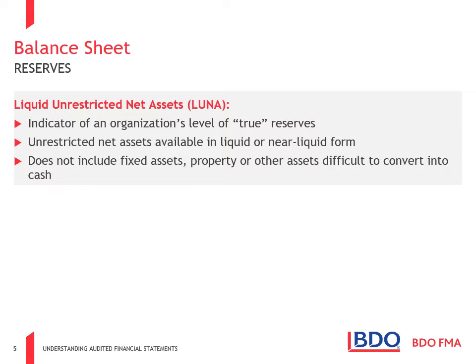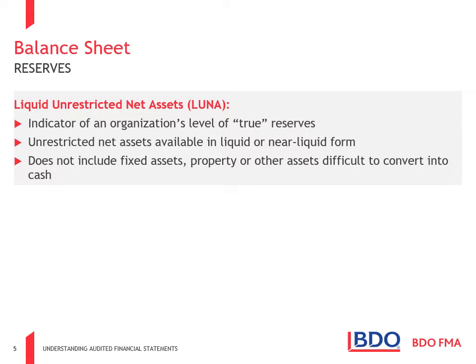A building is certainly nice to have, but the value of a building doesn't necessarily help when it's time to make a payment or pay a bill or make payroll, because we can't easily convert that type of fixed asset into cash. So what we pay a lot of attention to on the balance sheet is our liquid unrestricted net asset position. And you'll see on the screen another term that we at BDO FMA use for this is LUNA.